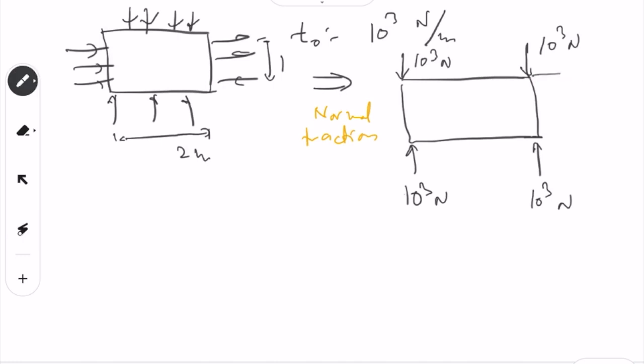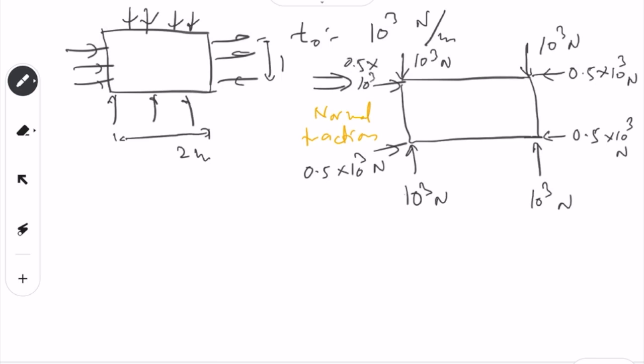We get 0.5 times 10 to power 3 Newton, this also 0.5 times 10 to power 3 Newton. Similarly here, 0.5 times 10 to power 3 Newton and 0.5 times 10 to power 3 Newton.